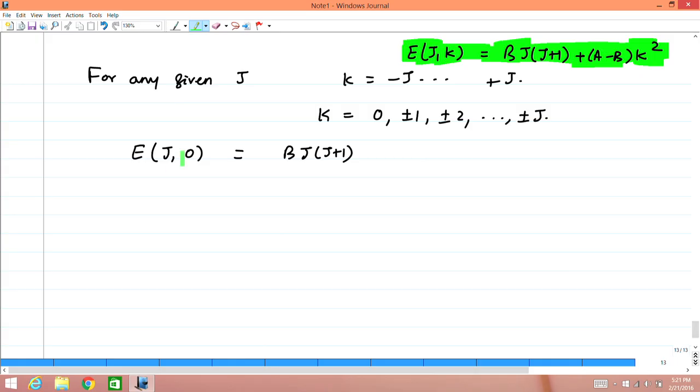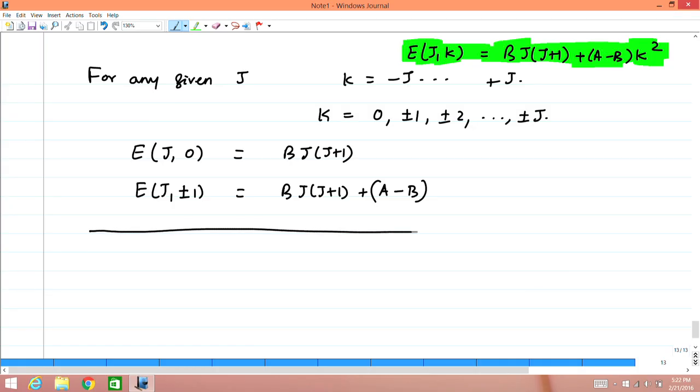When K is 0 you get only the first term, and when K is plus or minus 1 you get B J(J+1) plus (A minus B), and so on.